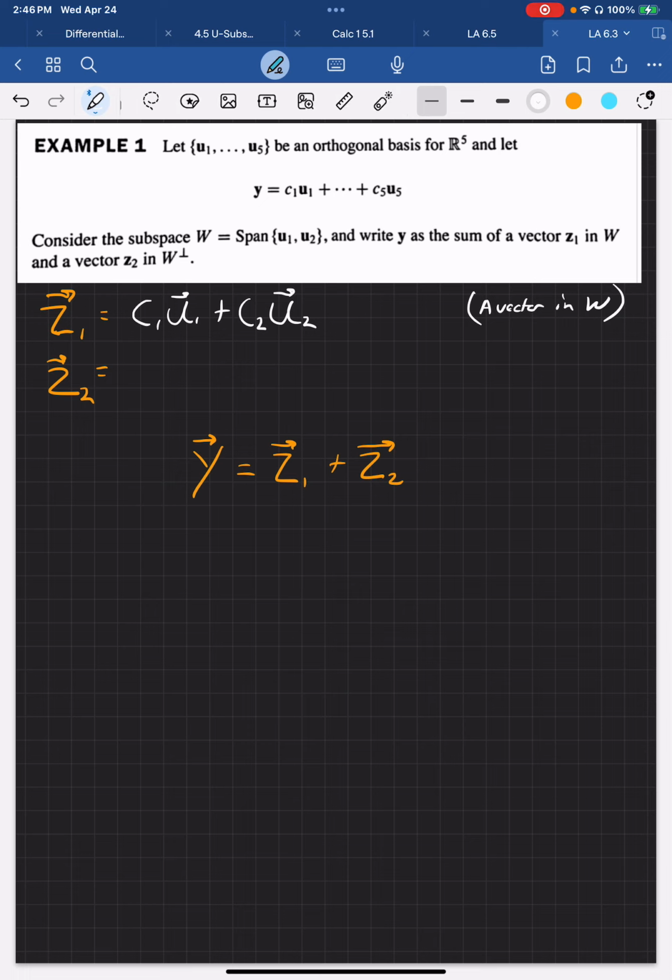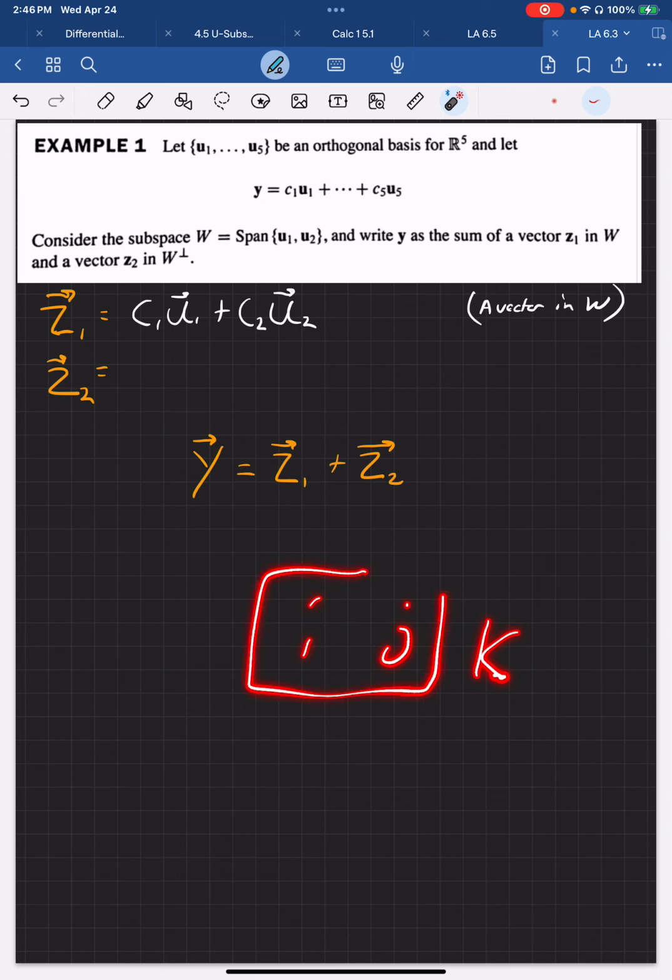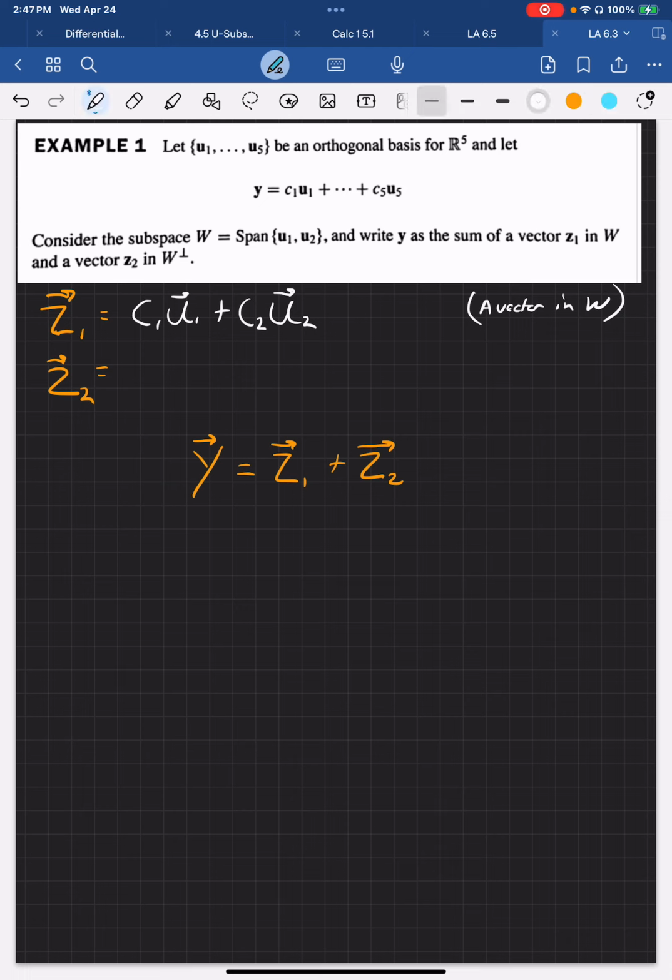Just like you would, back to your I, J, K vectors, you would agree with me. Let's say I, J make up the XY plane, whereas K brings in the Z axis. You would agree with me that K is going to be perpendicular, orthogonal to J. It's going to be perpendicular, orthogonal to I. Now, what I can't draw for you is we have to also imagine that that would be true for a fourth dimensional or fifth dimensional vector.